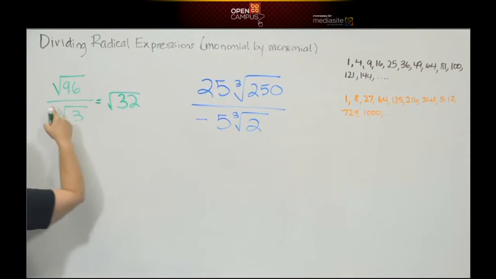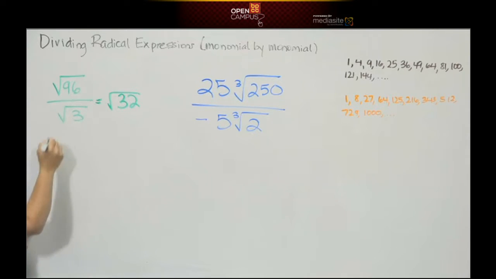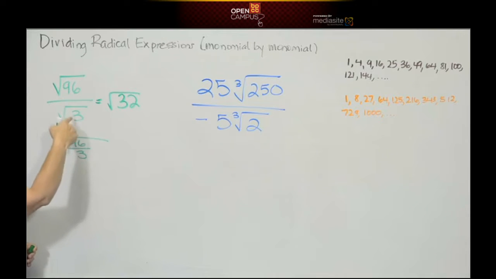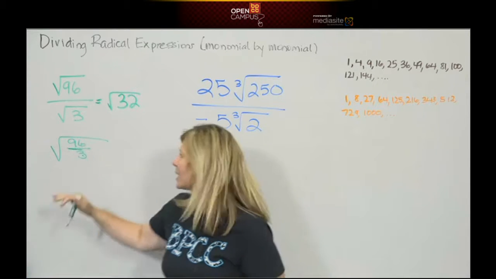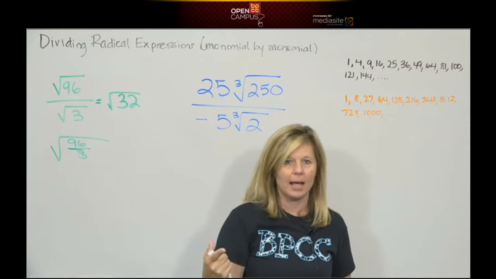And the reason why is, remember, if this is broken into 2 square roots, technically we could rewrite it as 1 square root as a fraction. If we rewrote this as 1 square root with a fraction, we would do 96 divided by 3 and get 32. So instead of writing this step down, we're just doing it in our head.